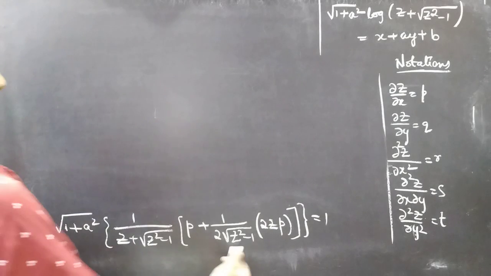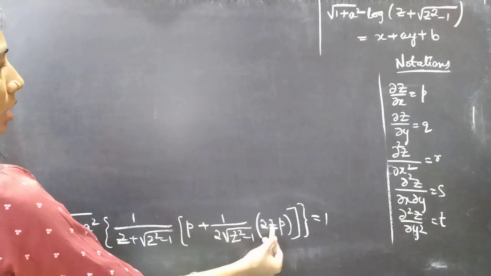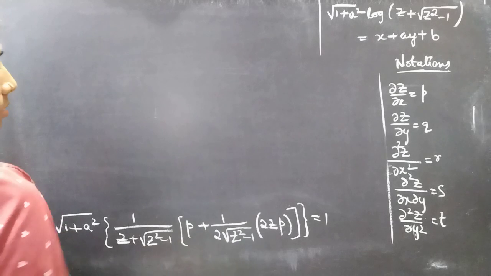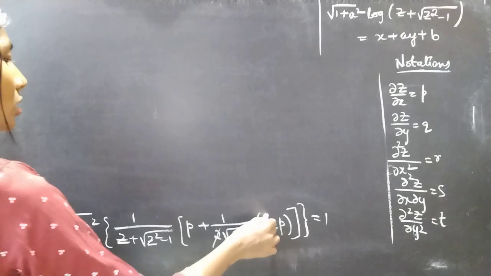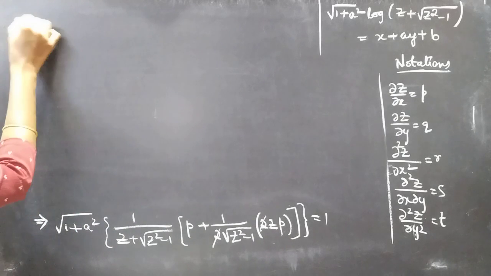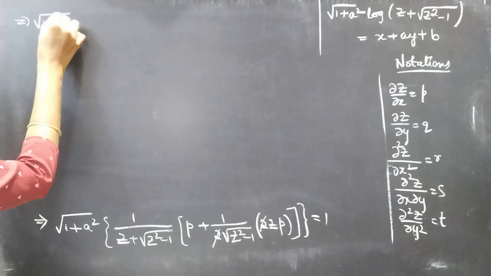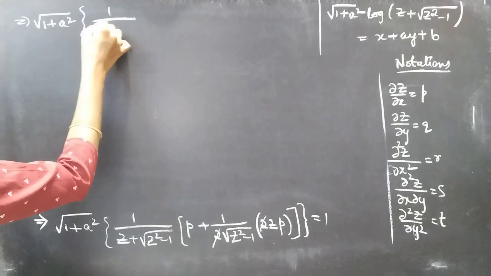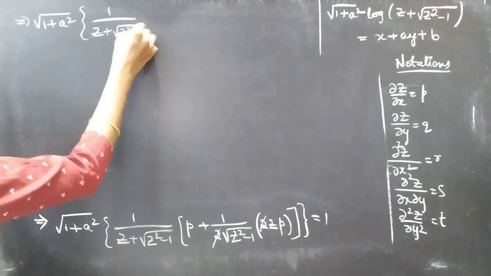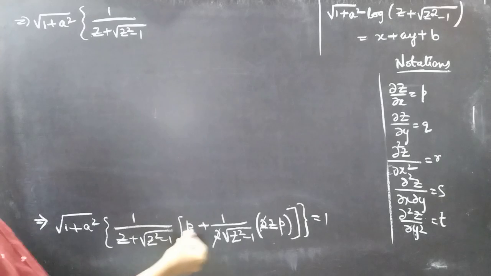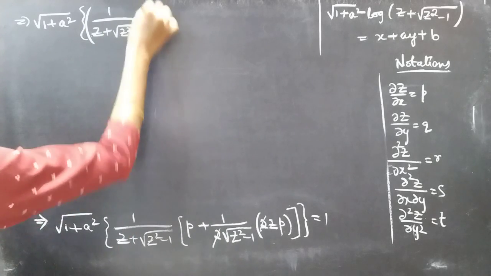See here, you can write this term as 2zp by 2 into square root of z square minus 1, where 2 gets cancelled, right? You can cancel 2 here itself. Now you can take p common from these two terms. You will get square root of 1 plus a square into 1 by z plus square root of z square minus 1. Now take p common from these two terms.